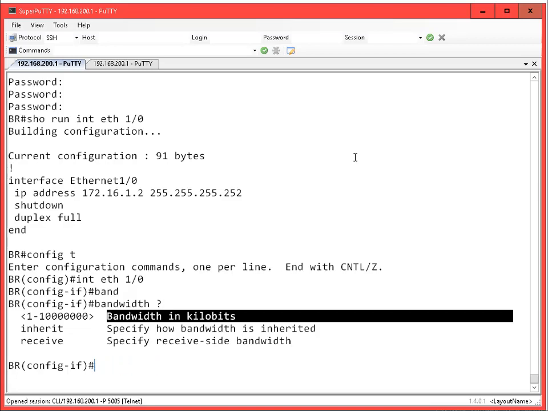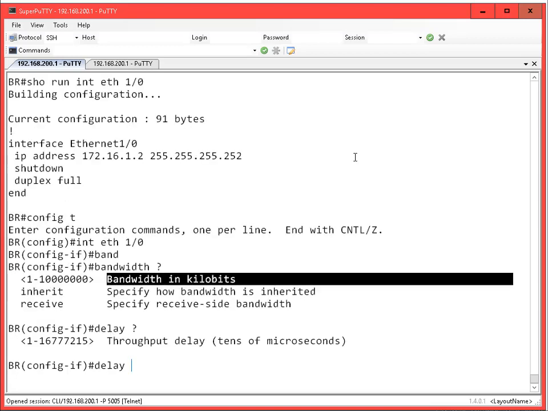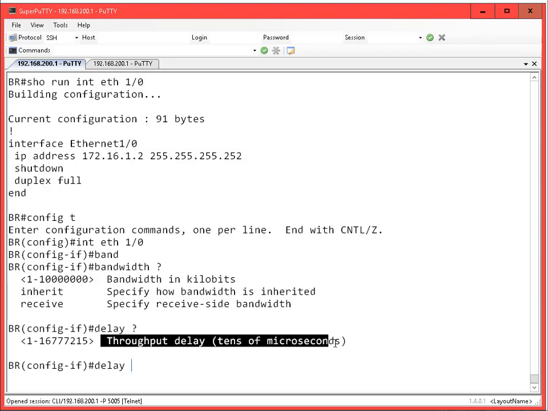But if you're setting the delay, if you put in a delay of 10, you're actually setting the delay to 100. And I don't know why Cisco did this, but when you use the delay command, it's in tens of microseconds. And it's in tens of microseconds in the formula, but it's in microseconds in the show interface output.